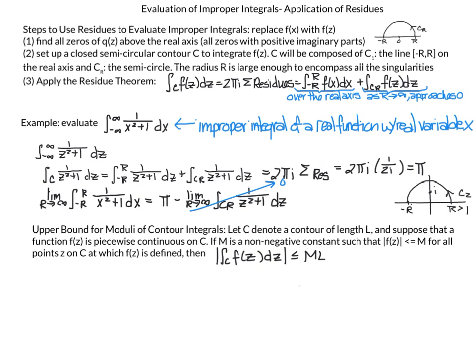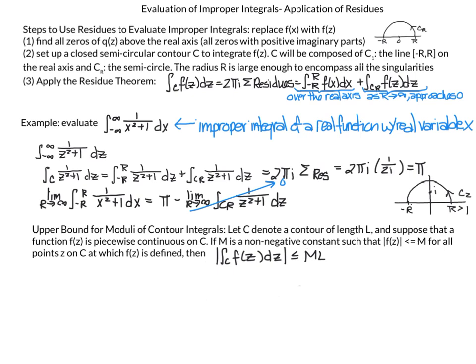So let's denote a contour of length L. In this case, for our semicircle of radius r, the circumference of a circle is diameter times pi, but since we only have the upper half, it's going to be half the diameter times pi, or in other words, the radius times pi.